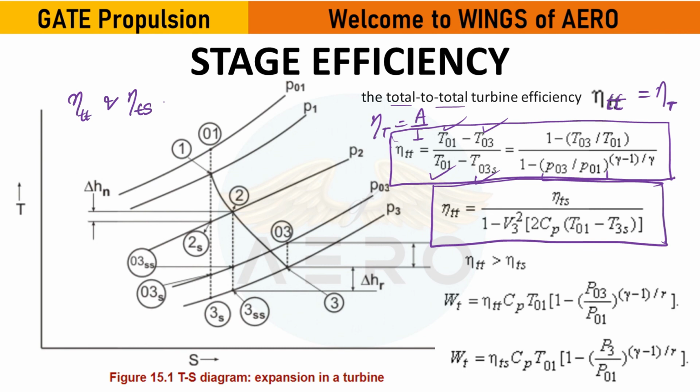This is the relation: eta TT equals eta TS divided by 1 minus V3 square by 2 CP (T01 minus T3s). This is again for the static condition. Next important point: the total to total turbine efficiency is always greater than the total to static turbine efficiency. Always this value will be greater than this value.